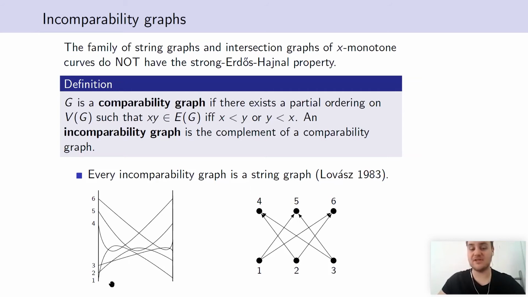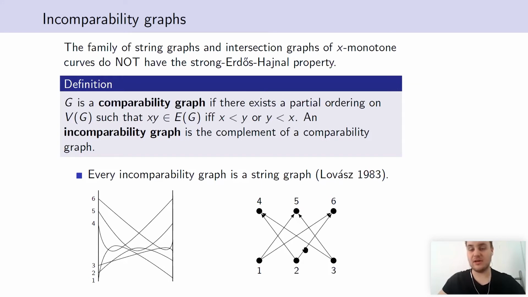This is true because we can define the following partial order, which you can see on the right-hand side. So let's say we have this curve 2 and we have this curve 4, then we can say that this curve 2 is less than 4 if it is completely contained below this curve.